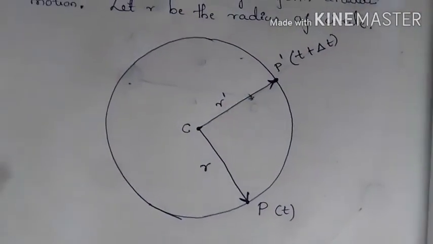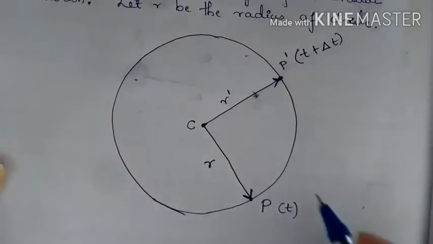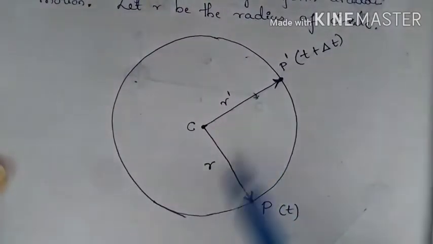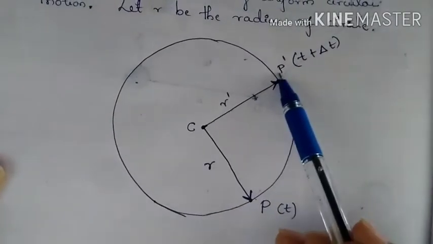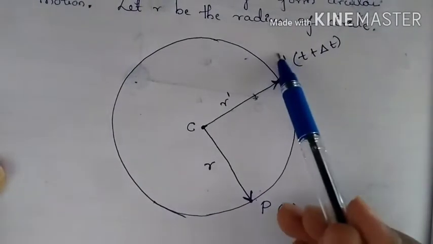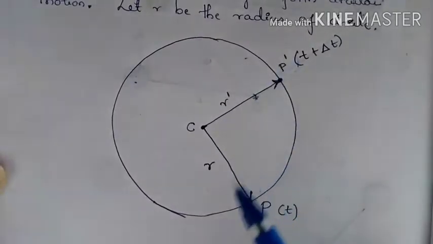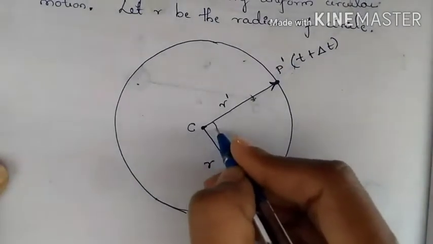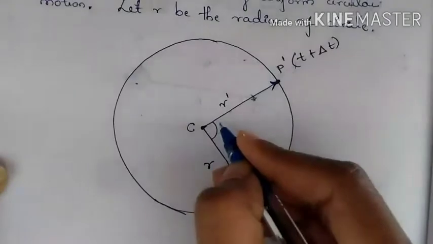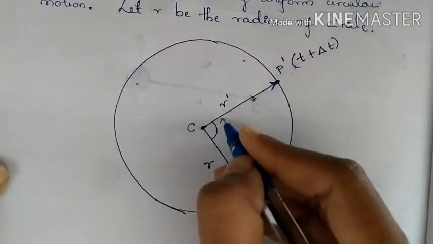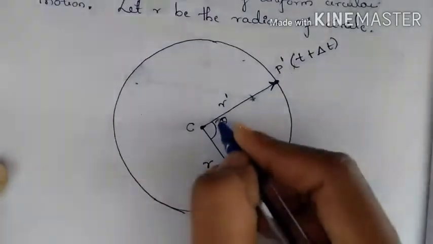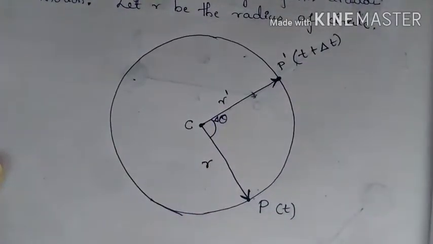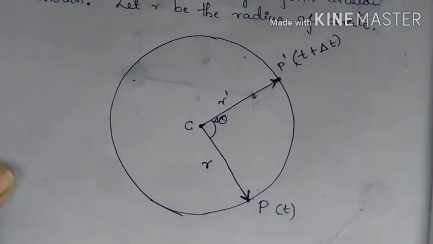Now if you observe, there is a variation in the angle between P and P prime. Let us take this angle as delta theta, because the change will be small.